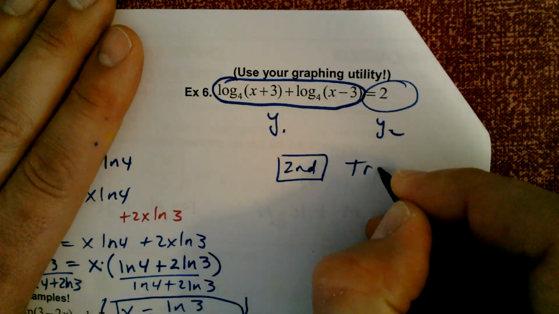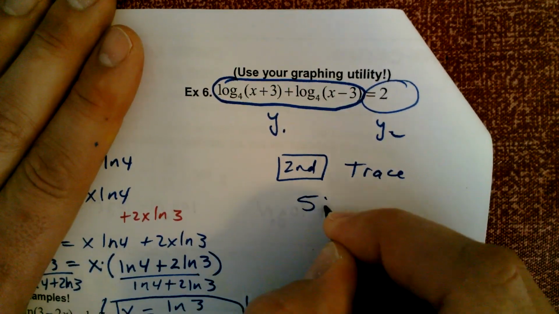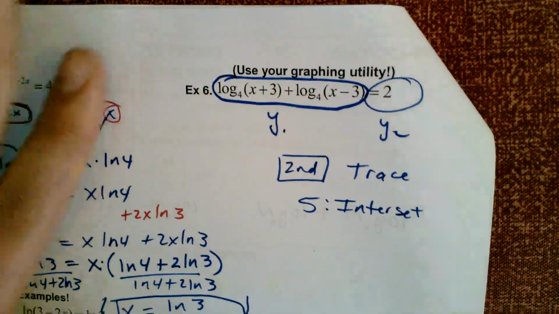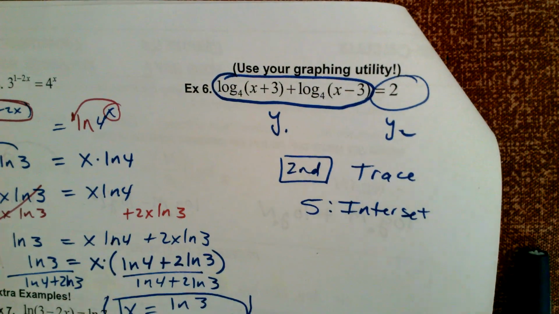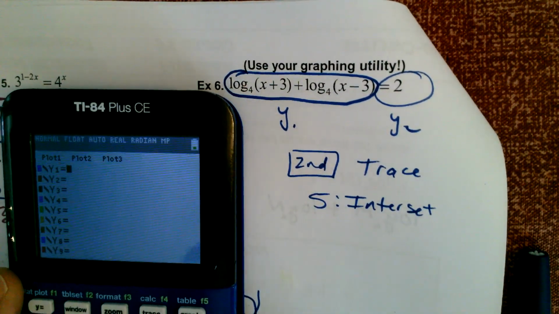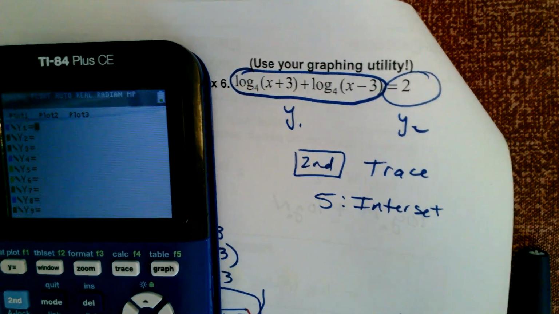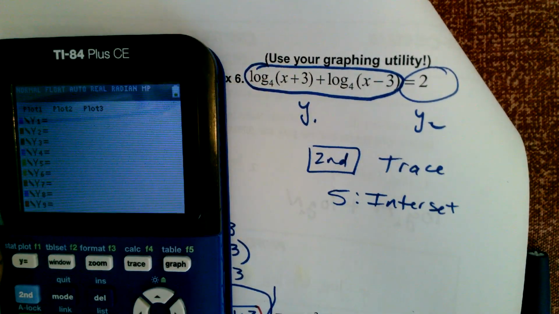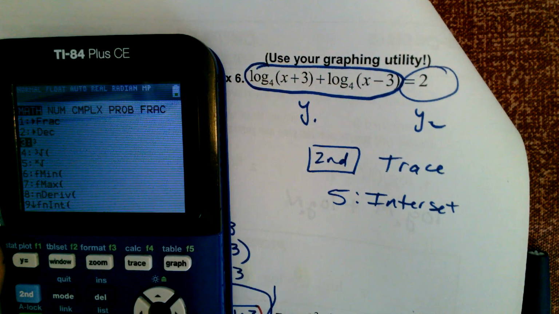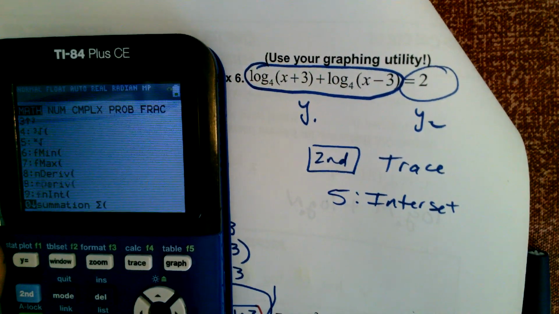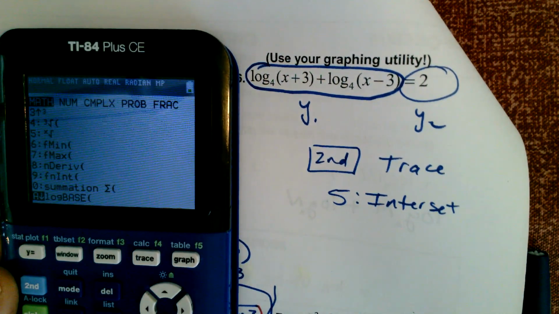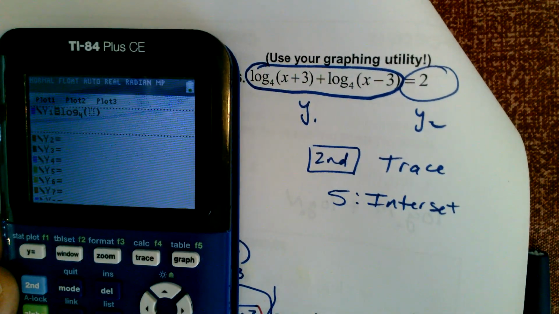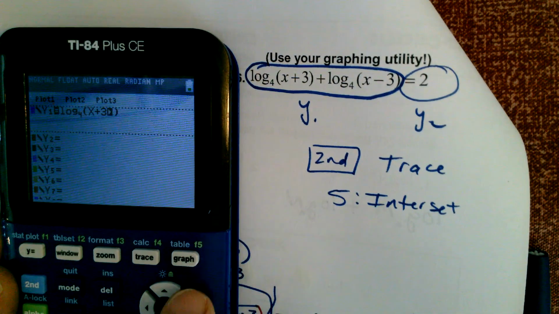And to do that, I'm just going to go second trace, number 5, intersect. Okay, but we got to be able to plug in logs into our calculator. Okay, so if I have a TI-84 and I want to do log of x plus 3 base 4, I would just do math menu. And I would go all the way down to log base. My base is 4, and then x plus 3 is right there.